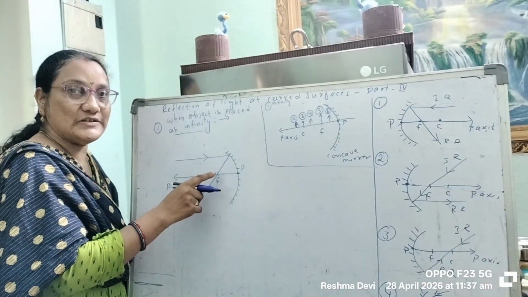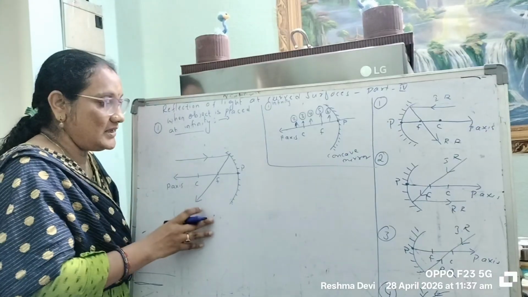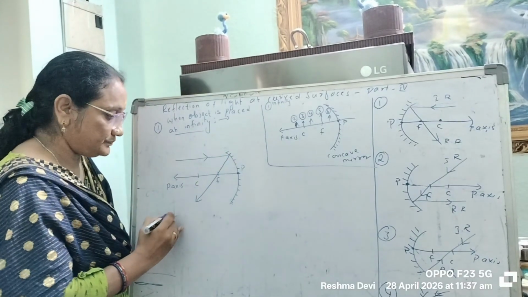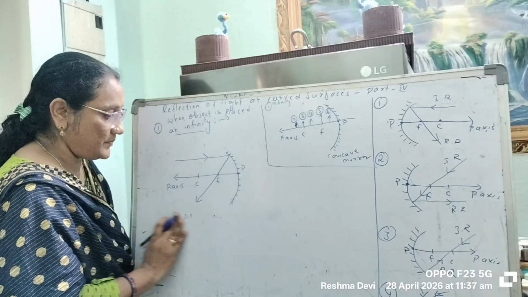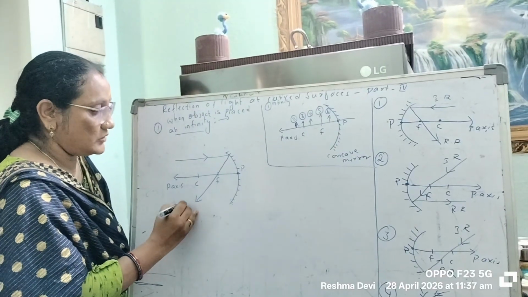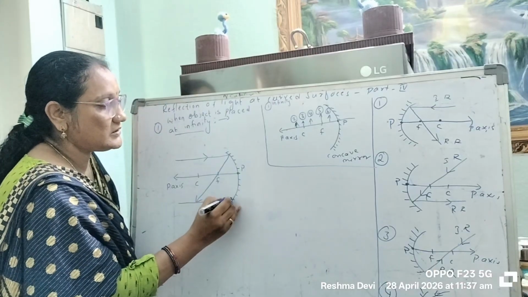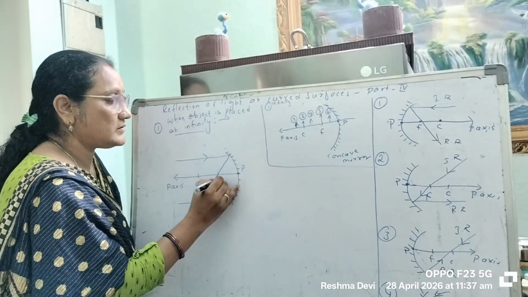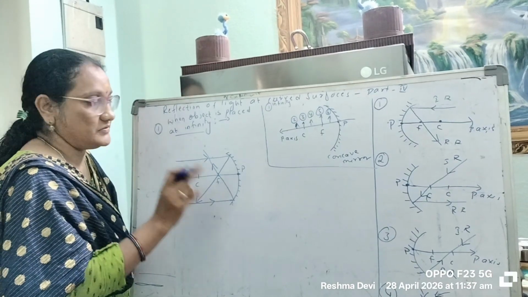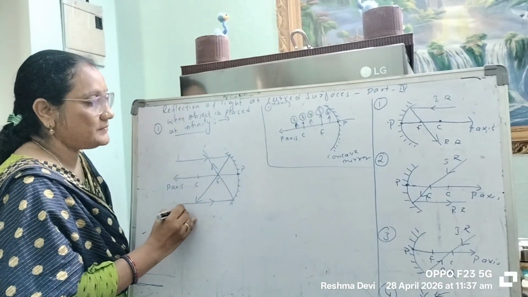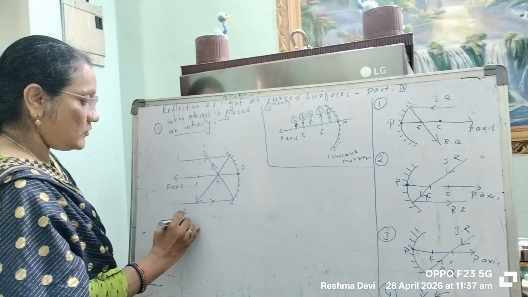Clear? Now I am drawing the two rays, after reflection passing through the focal point only. Ray 1 and ray 2.